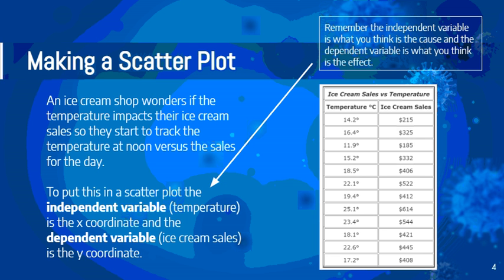In this case, an ice cream shop is wondering if the temperature outside will impact ice cream sales, and so they're tracking that every day. The independent variable is the temperature because they think the temperature might be causing the ice cream sales to go up or down. And so the dependent variable is the ice cream sales.